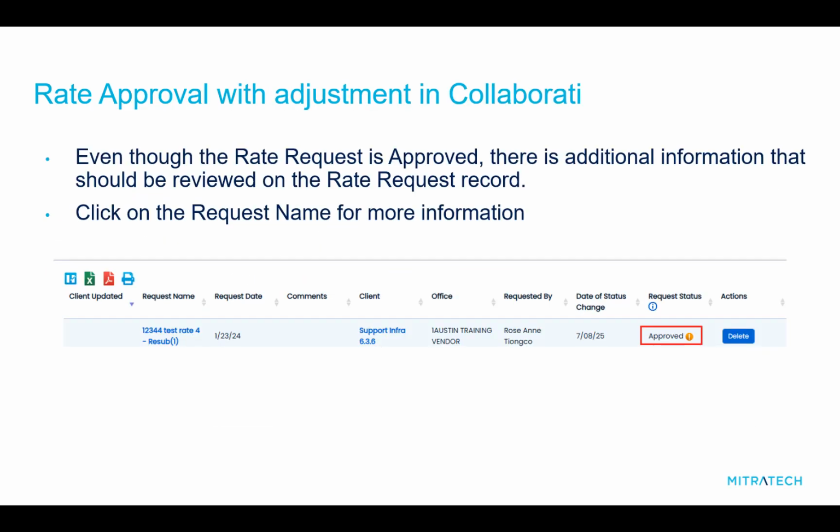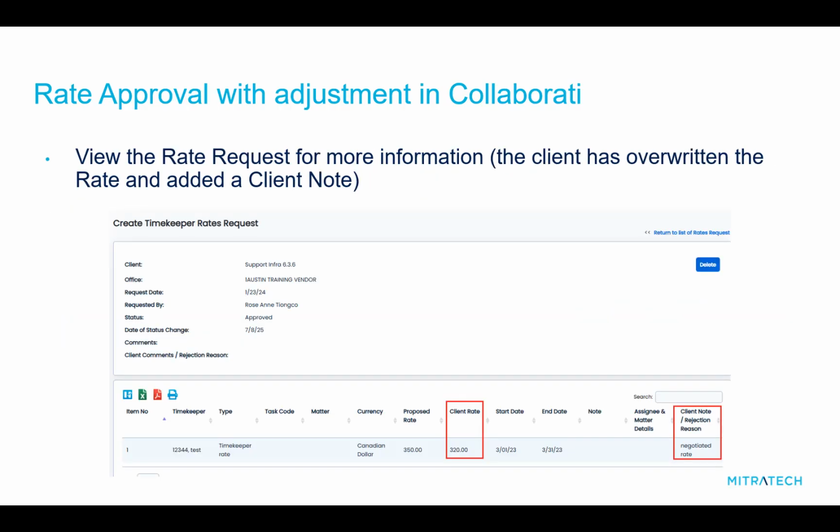Here's a rate request that is approved with an adjustment. The icon next to the word approved indicates that additional information should be reviewed. Click on the rate request name for more information. Here you can see that the rate item actually is different.